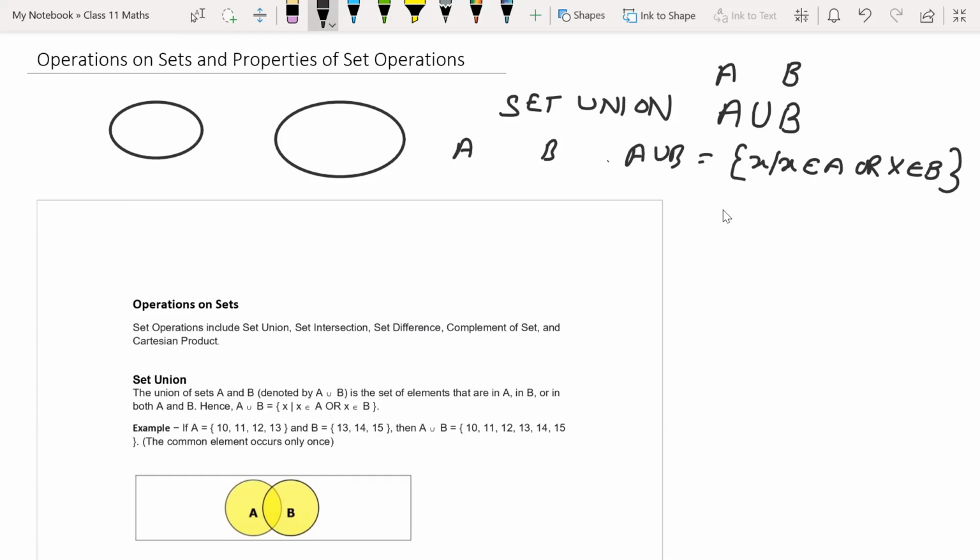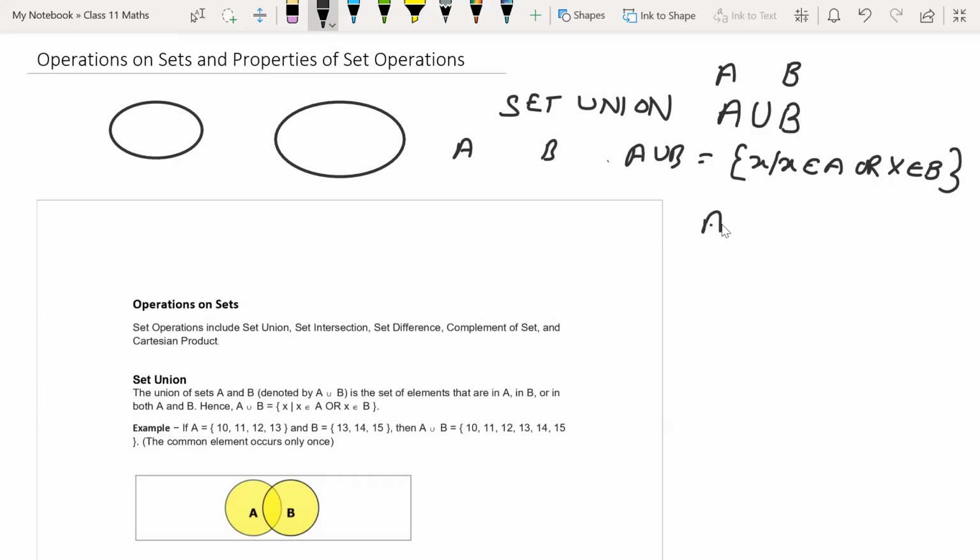In the union operation, the common element occurs only once, and the rest of the elements occur as they are.